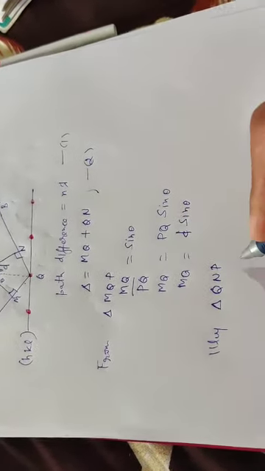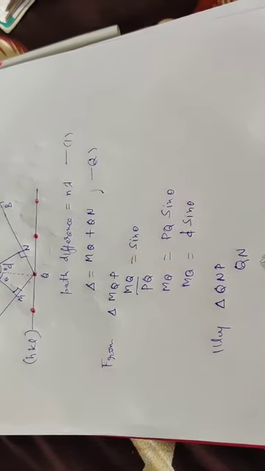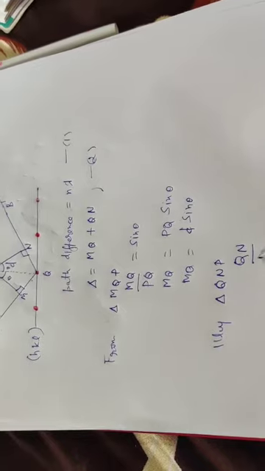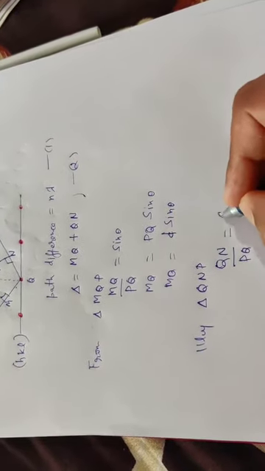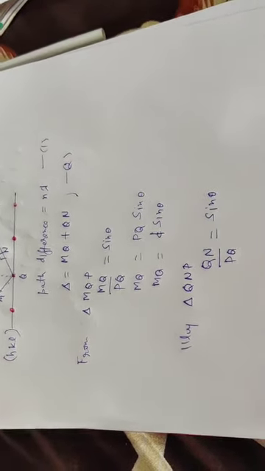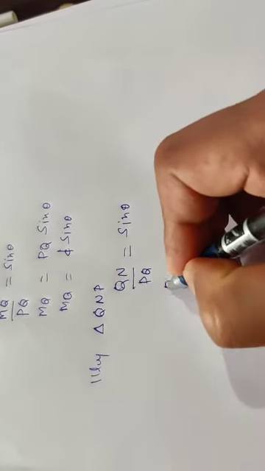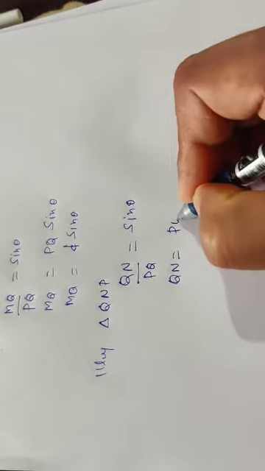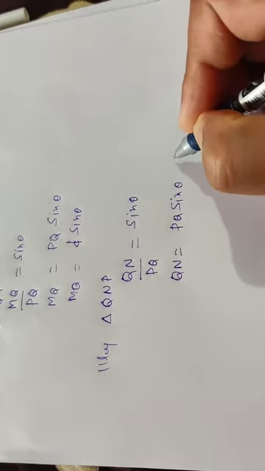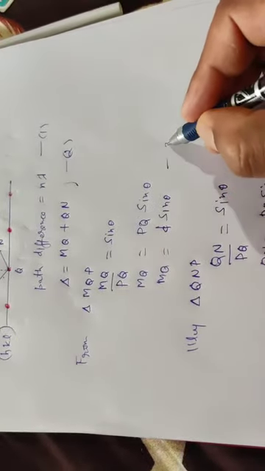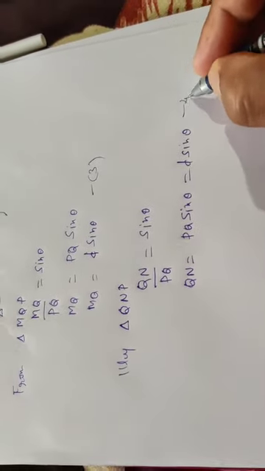So QN is the perpendicular, perpendicular upon hypotenuse, and the hypotenuse is PQ, which is sine theta. Now QN will be PQ sine theta, which is d sine theta. This is equation number 3, and this is equation number 4.